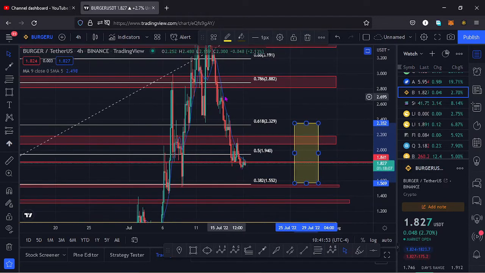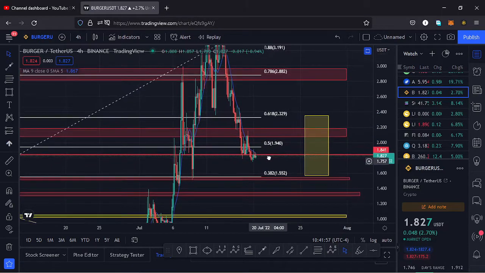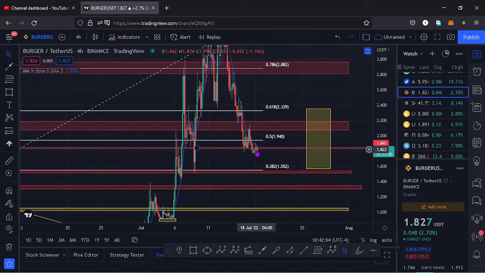So I think this retracement has done the minimum that we expect it to do, and it can maximize that yellow target by dropping a little bit to around the $1.55 mark. And at that area we might find an area of support at around the $1.55 mark and then have a massive pump to the upper side.